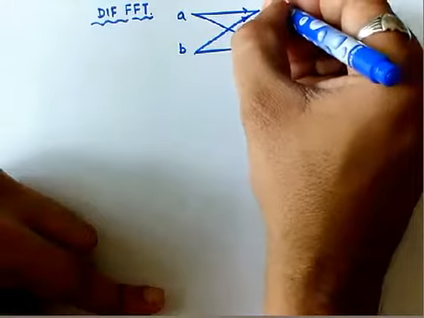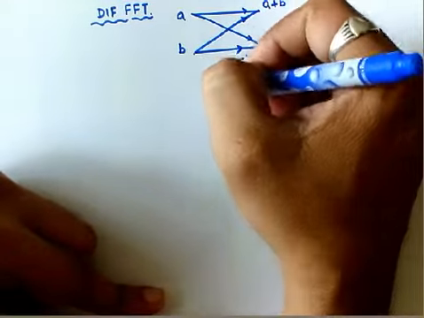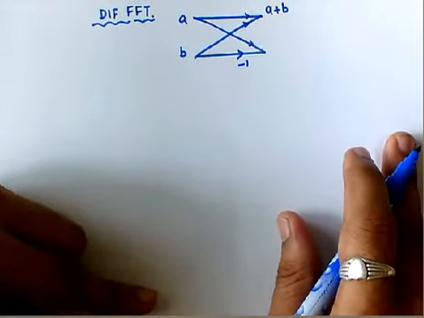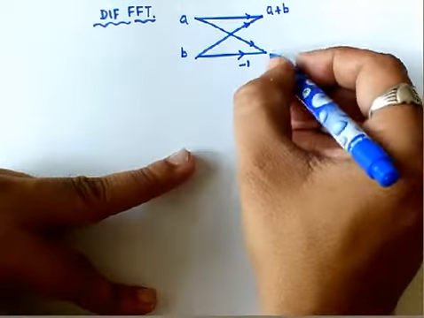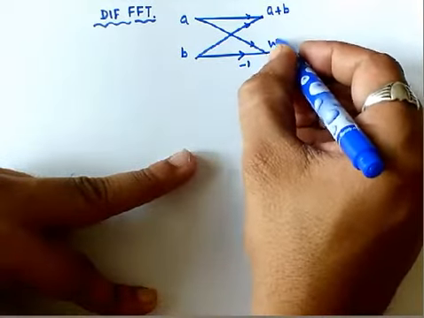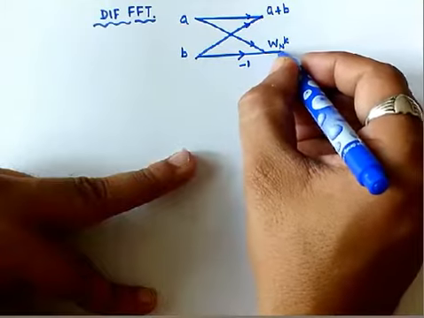So A plus B is what we are going to do at the upper part of the X, and this part is simply extended for Wn raised to k.